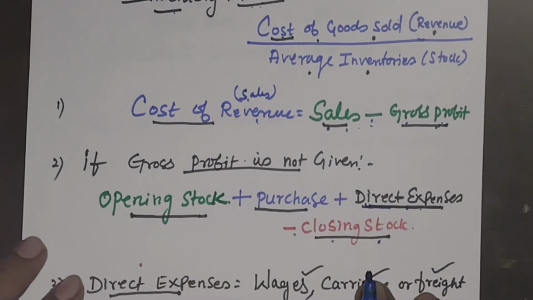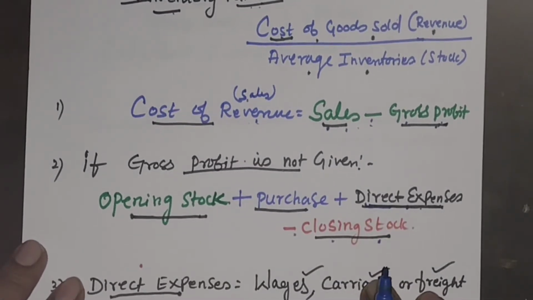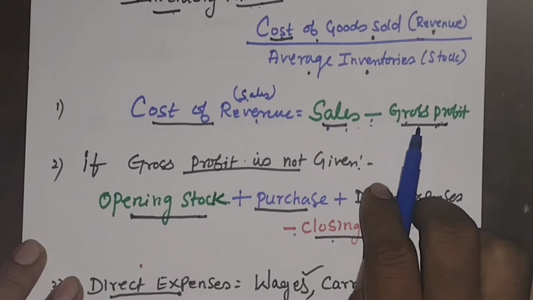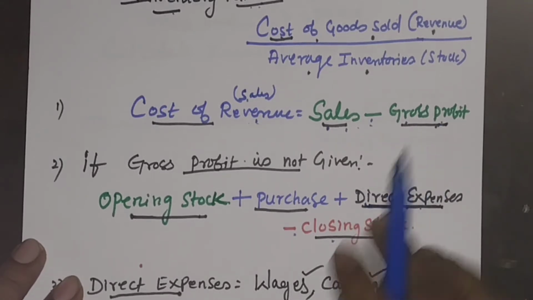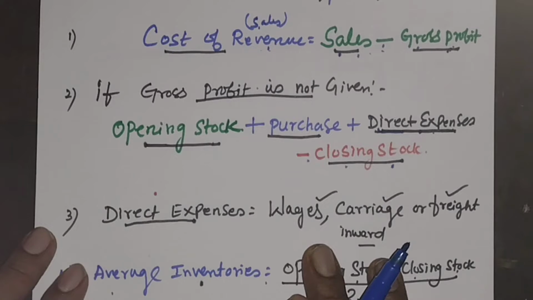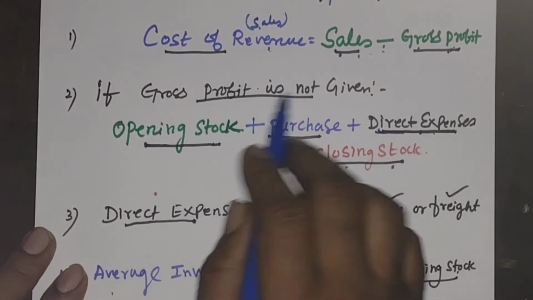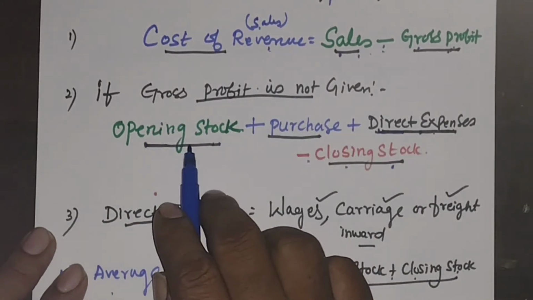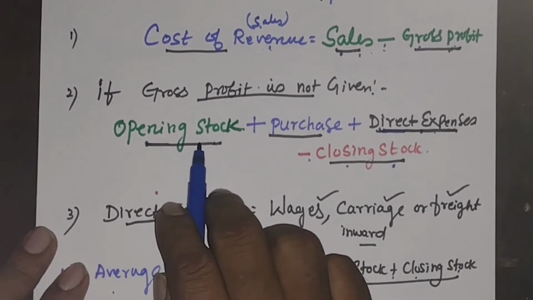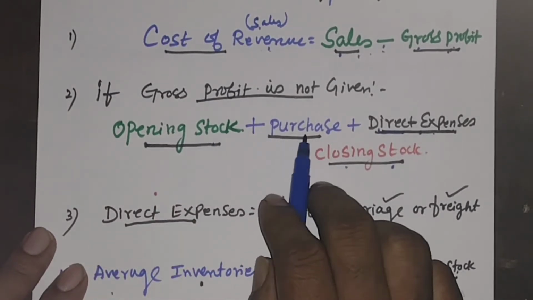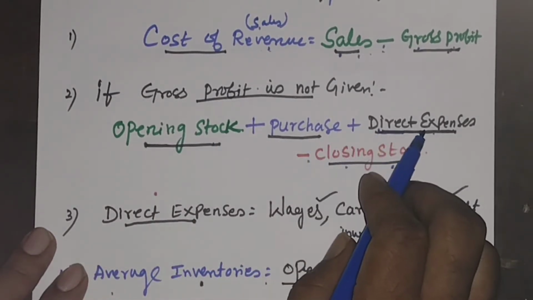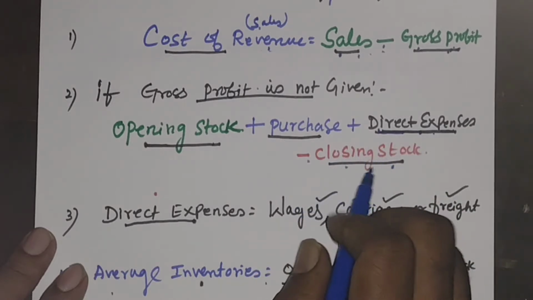Next, we can't expect that in all problems they will give the profit. So another alternative formula, if the gross profit is not given, is: opening stock plus purchase plus direct expenses minus closing stock.